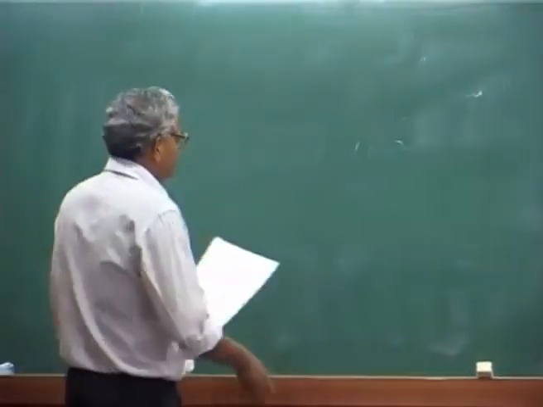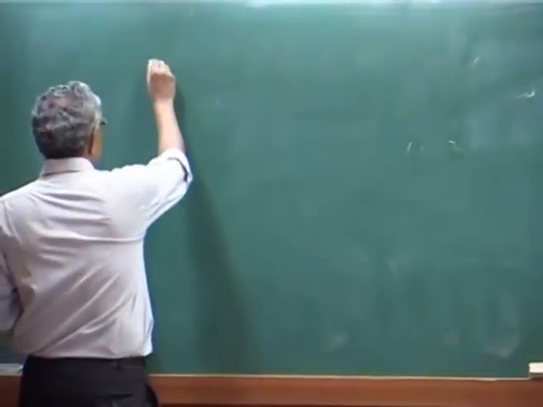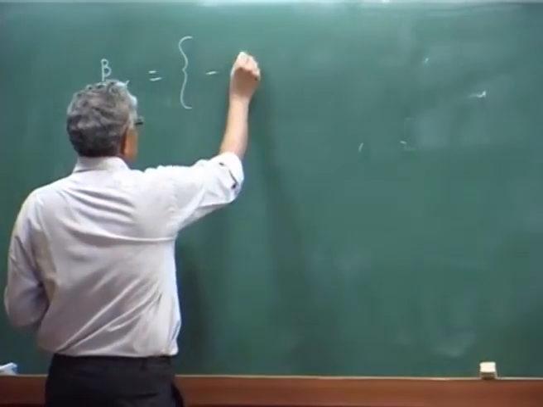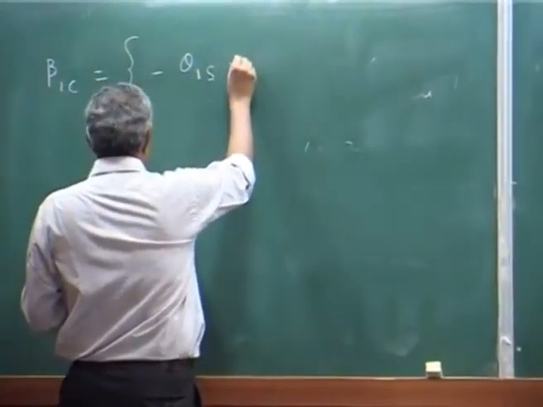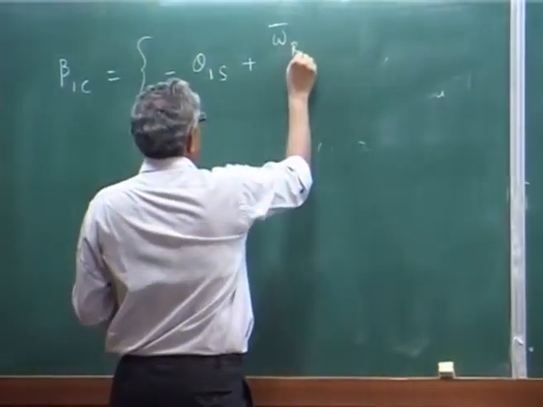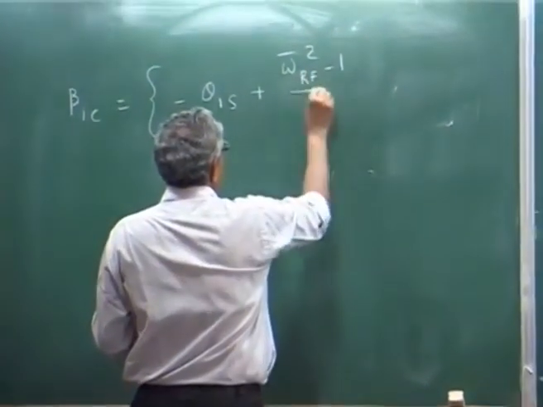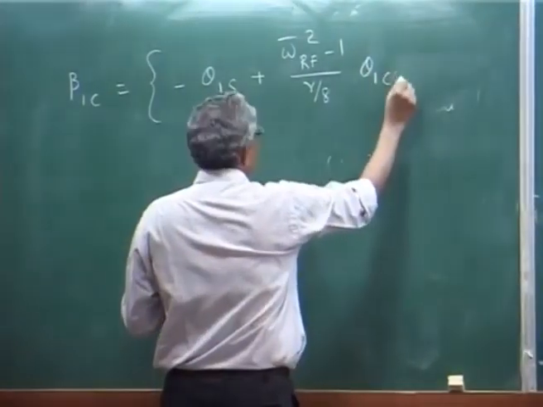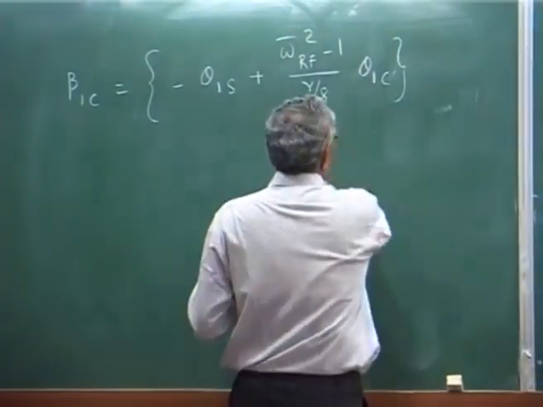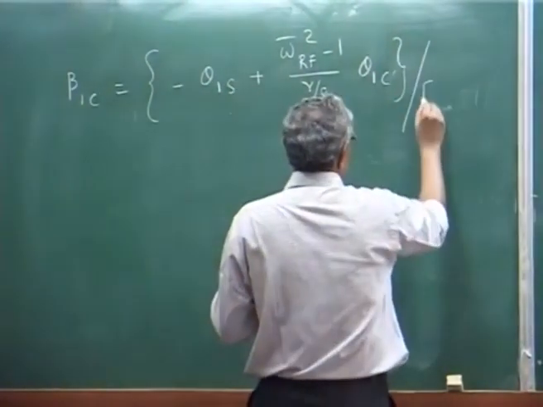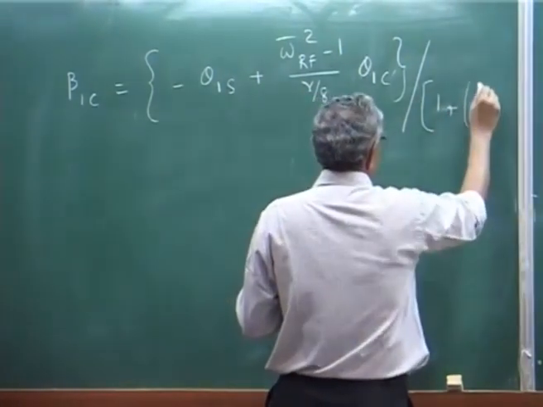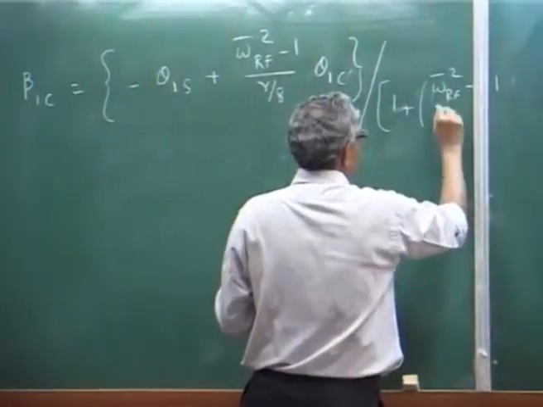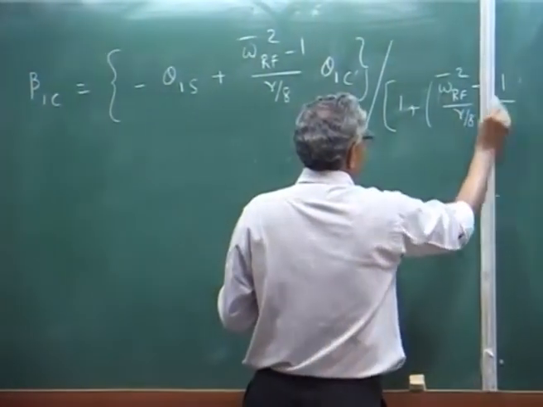And if you can solve this, I am just writing this result, that is beta 1 c becomes minus theta 1 s plus minus 1 over gamma over 8 theta 1 c divided by 1 plus omega bar r f square minus 1 over gamma over 8.